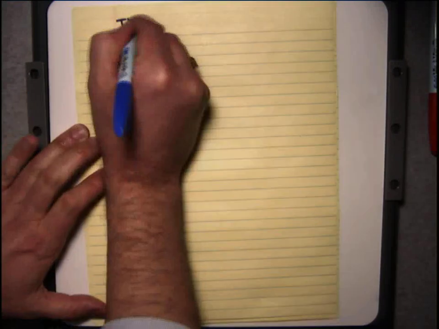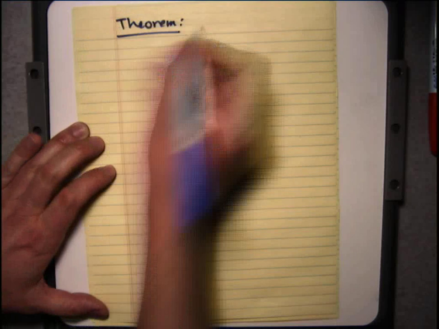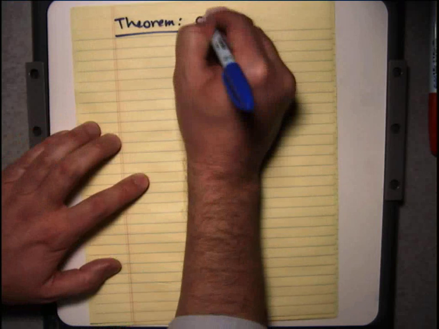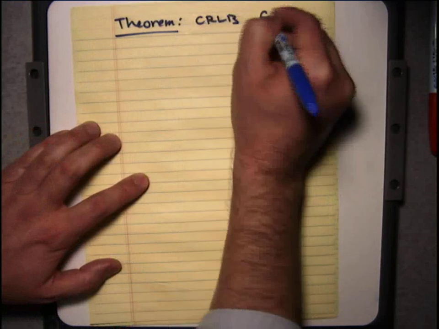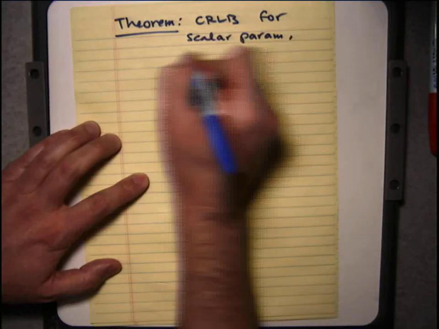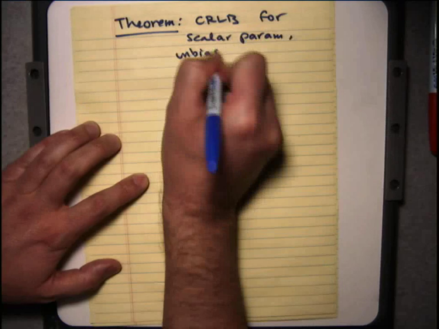All right, so let me now state what the Cramer-Rao lower bound is, and then I will try to see if in the next 20 minutes or so we can prove it, and then we'll do lots of examples and so on next time. Okay. So here's the theorem, and we're going to prove it, and the proof is not very difficult. So this is the Cramer-Rao lower bound for scalar parameters and unbiased estimators.